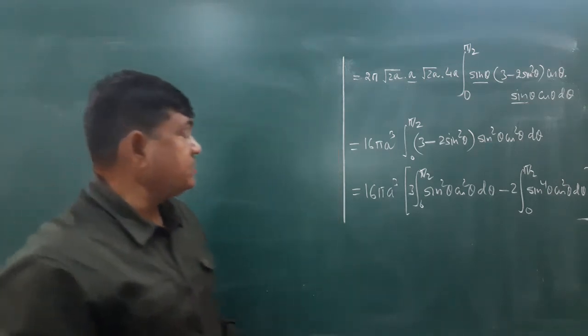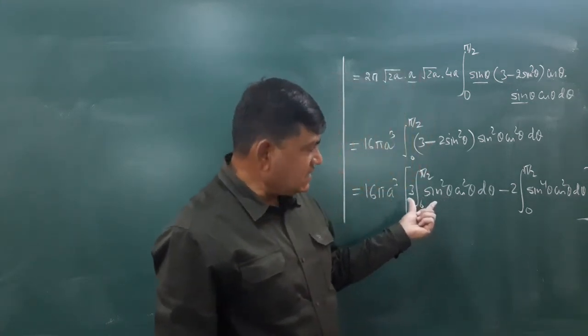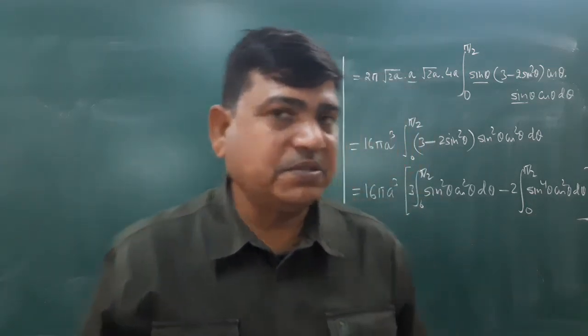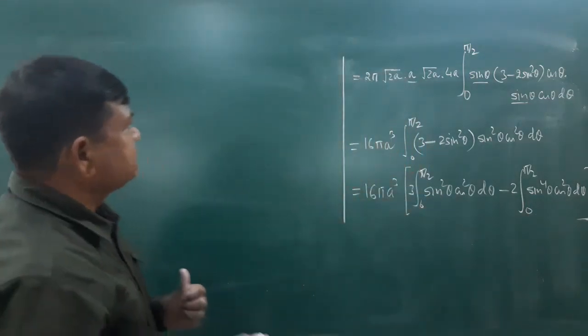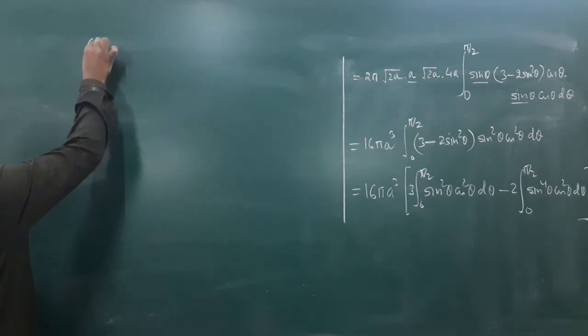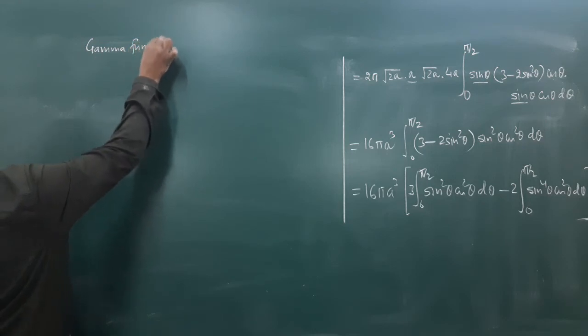Now here the integration, this you can handle easily, but it is a little bit tricky. So there is one more concept. This time I use the gamma function, that is the next chapter.